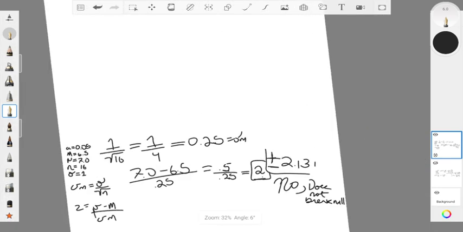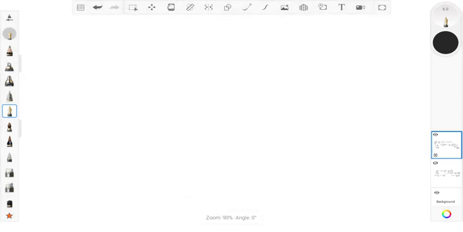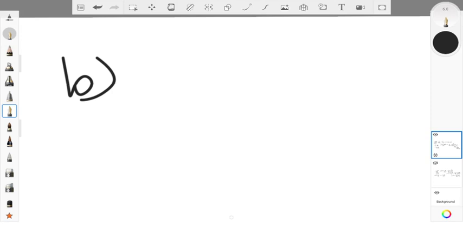Now, with the section B portion of the problem, we are asked to use the Cohen's d to measure the effect size of the study.